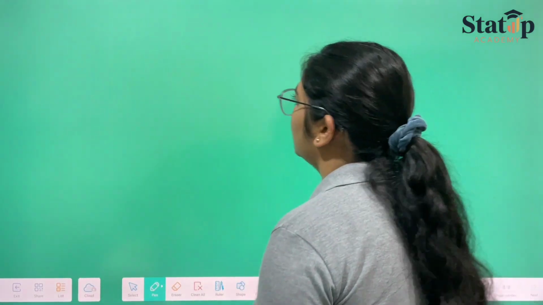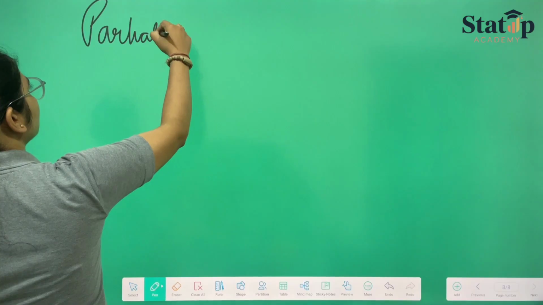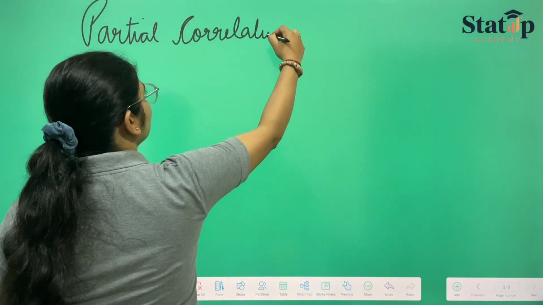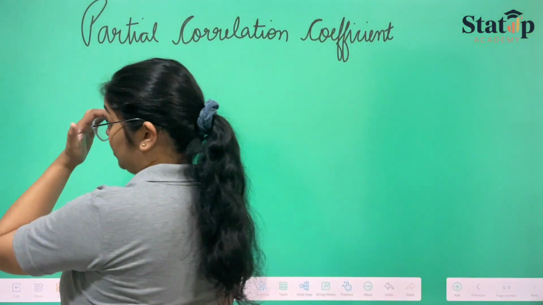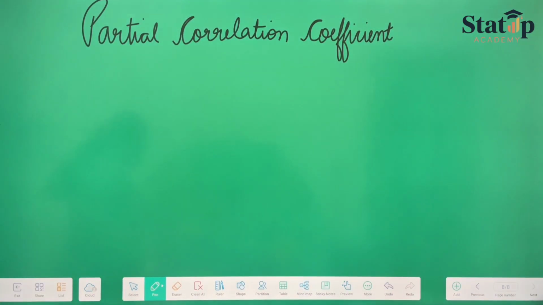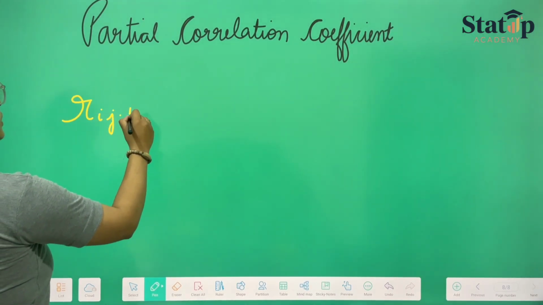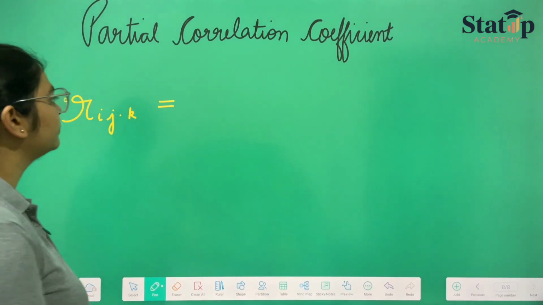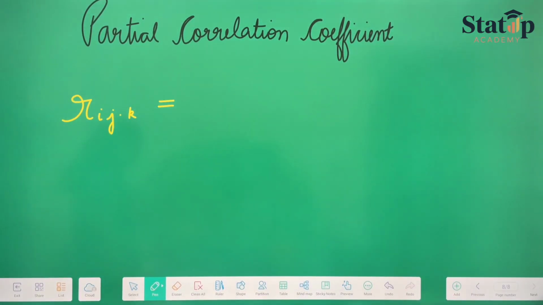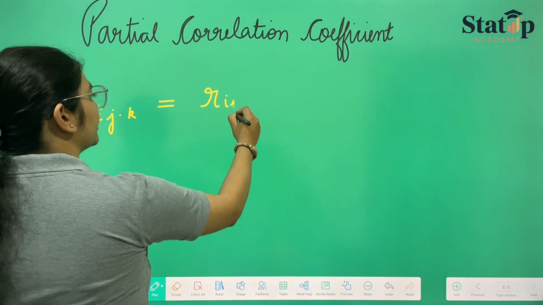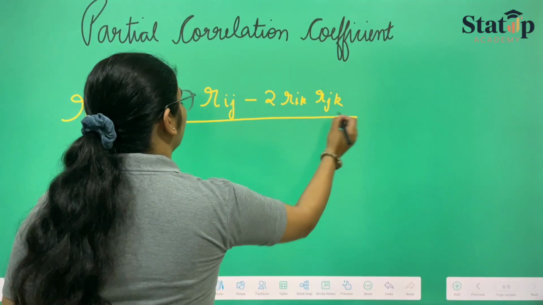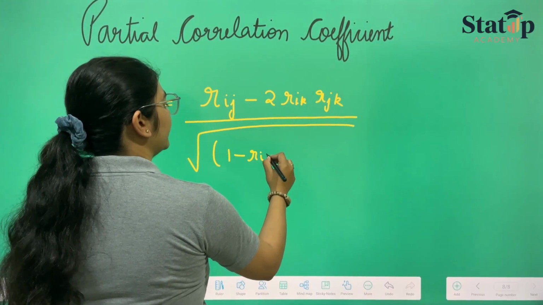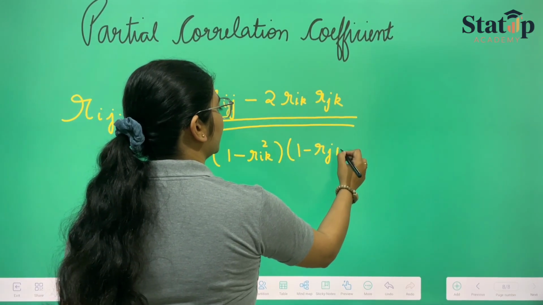When we talk about the other one, the partial correlation coefficient, it is represented by r_ij dot k, and it is given by r_ij minus r_ik into r_jk, upon under root of 1 minus r_ik whole square into 1 minus r_jk whole square.